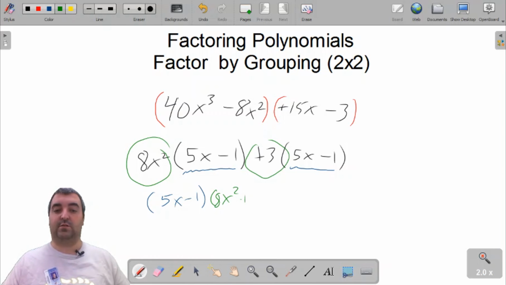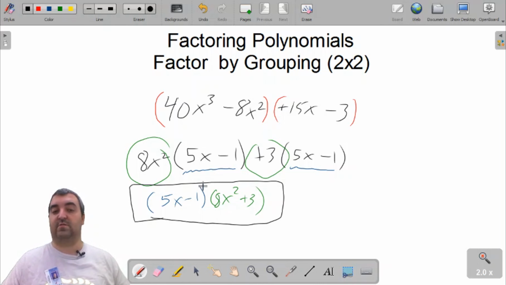So 8x plus 3. And then we have just factored this polynomial into these two factors. The last thing you would want to do is check to see if either one of these two can factor more. In this case, they can't, so we'd be done with the factoring.